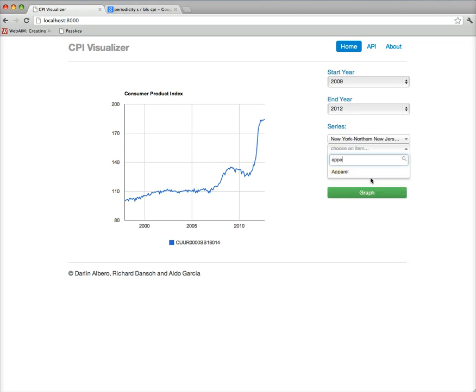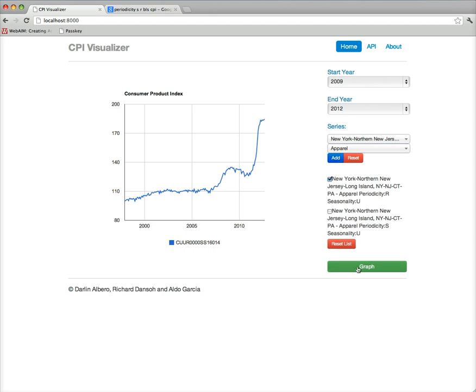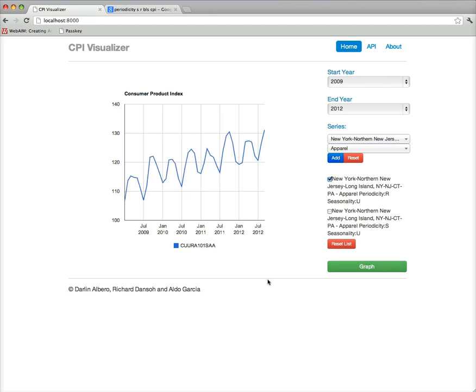So we look up apparel, add the series, again select it, graph, and I particularly like this because while I don't know much about fashion, you can kind of see the seasonality occurring here where essentially at the first of every July and January, you see this decline and increasing in the prices of clothing in New York.